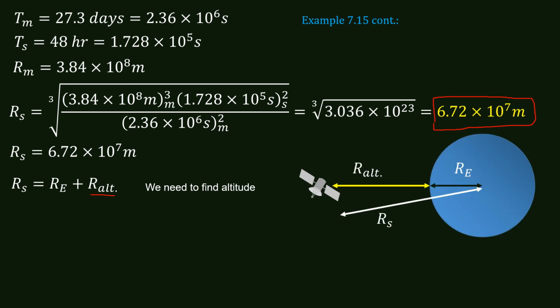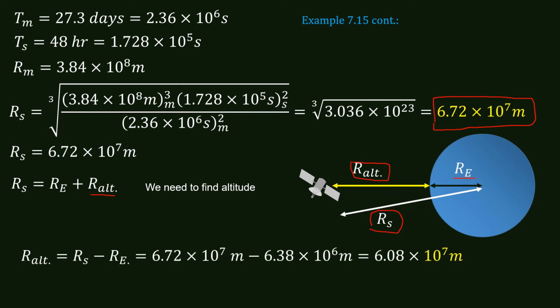So if we look here, we have R of E, the radius of the Earth, and then we have the altitude, which both add up to R of S. Plugging in the values that we know, we get the altitude that the satellite is at. So the period of the satellite actually dictates the distance it is away from the Earth.